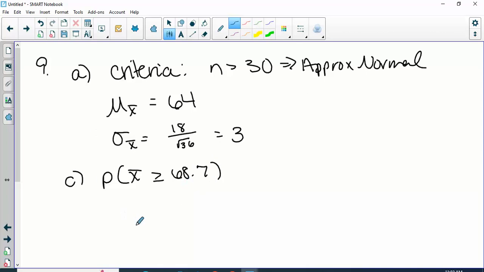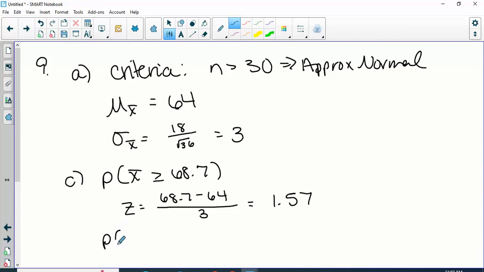Alright, so what do we do? 68.7 minus 64 over 3. Okay, we need a Z value. So Z from our formula sheet is our value minus the mean, since we're dealing with X bar, the mean for X bar, divided by the standard deviation for X bar. And so if we do that, we get 1.57.